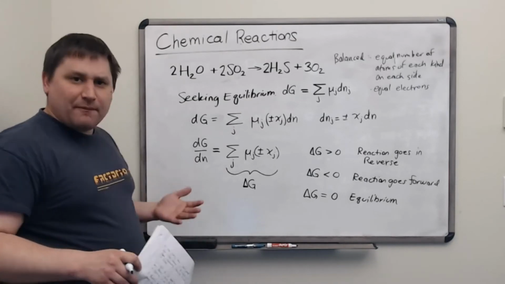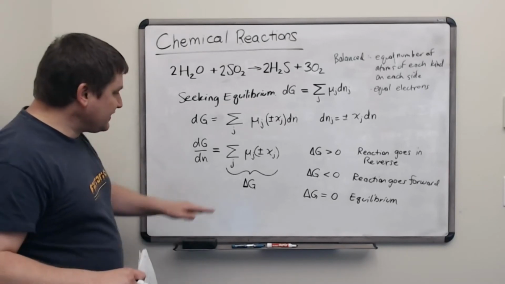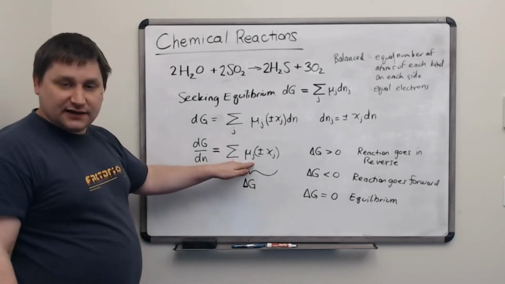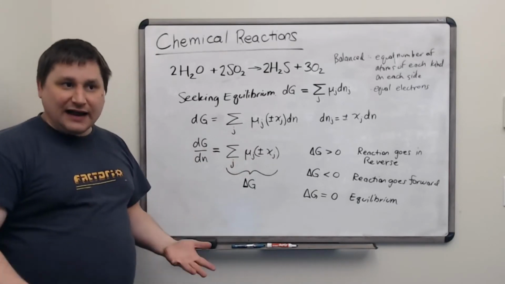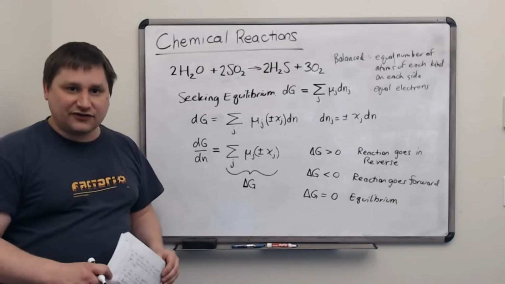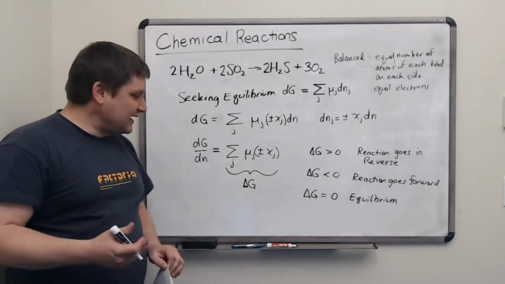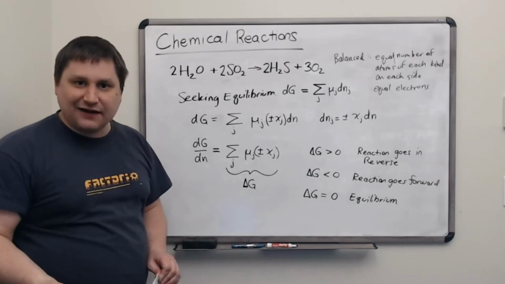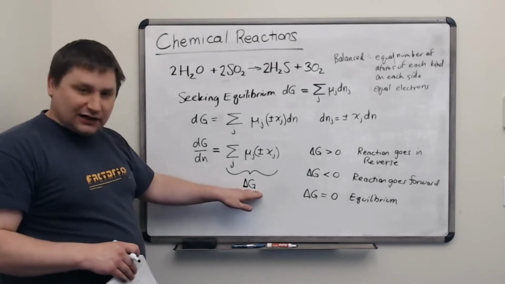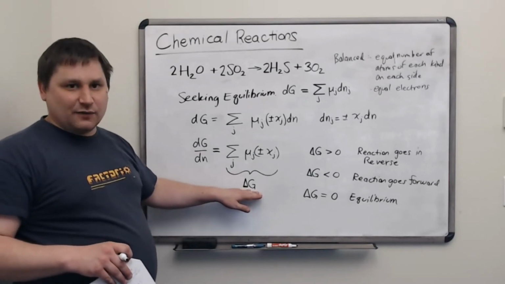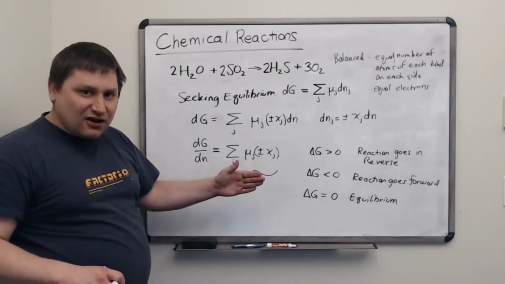So our goal, mainly in deciding whether a reaction occurs or not, is going to depend on figuring out these chemical potential values, getting the delta G. Now when we find the delta G, we can tell whether the reaction is favorable in terms of the second law, but it still doesn't tell us anything about really how fast that reaction proceeds. In general, a larger delta G value means that the reaction will be more violent, faster, more likely to happen, but not always.